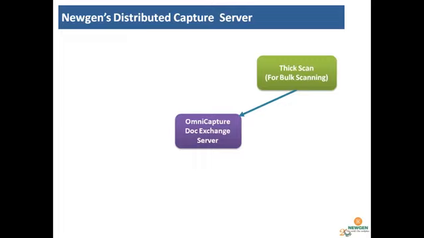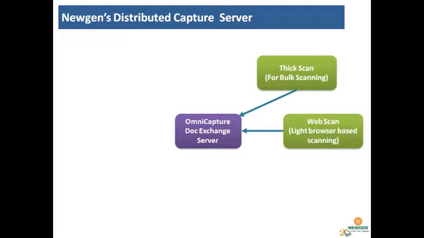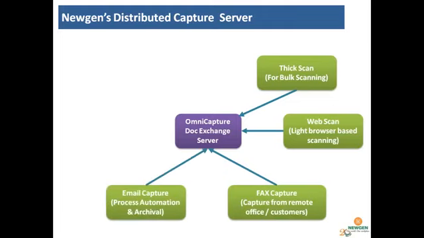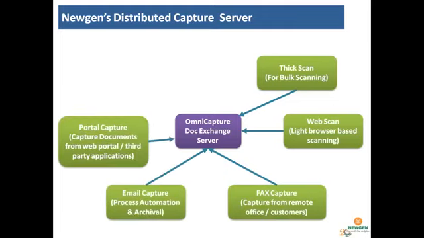So there is a tool which will be able to help you in batch preparation of the documents, segregation of the documents, data extraction of the documents, automatic classification of the documents, and finally uploading those documents to wherever it is required. So it supports bulk scanning, web scanning, light browser based scanning, fax capture, email capture, so directly from email the documents can be captured, portal capture, capture documents from web portal, third-party application.